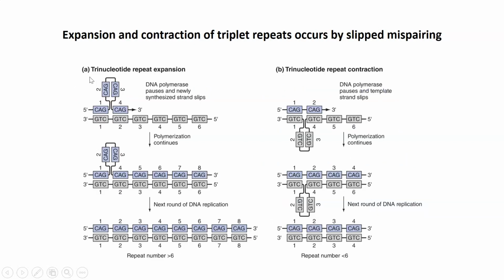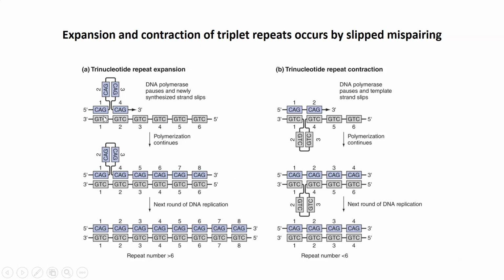And this is just showing how a trinucleotide repeat can expand during replication. If this is a template strand and the DNA polymerase is replicating through this, making a product strand, occasionally the product strand can loop out like this, and DNA polymerase would just continue to extend from this 3' end.